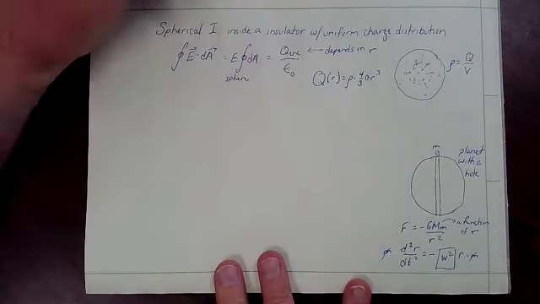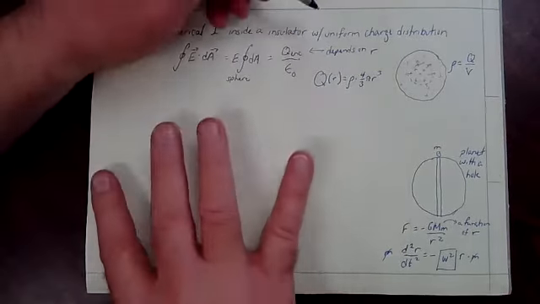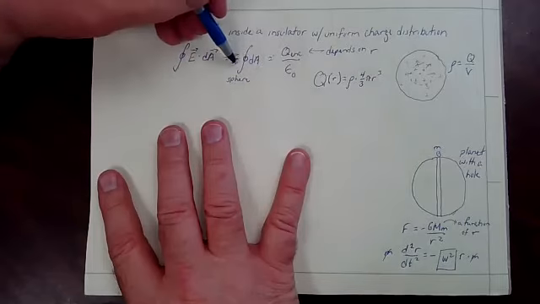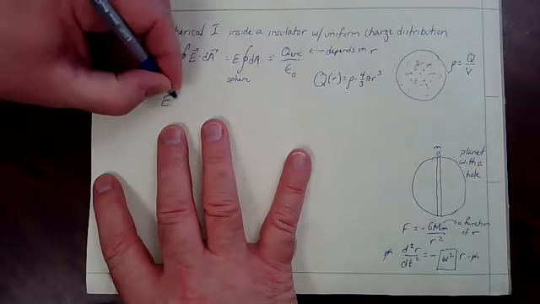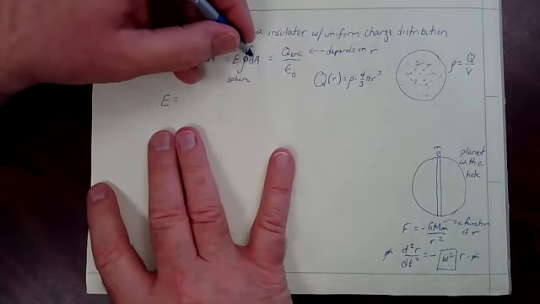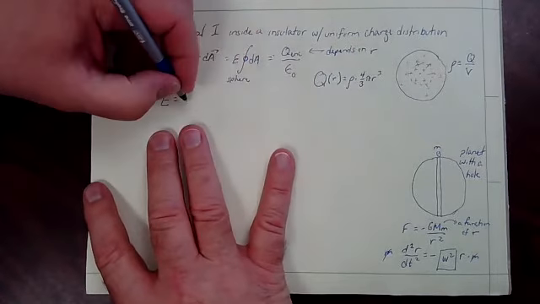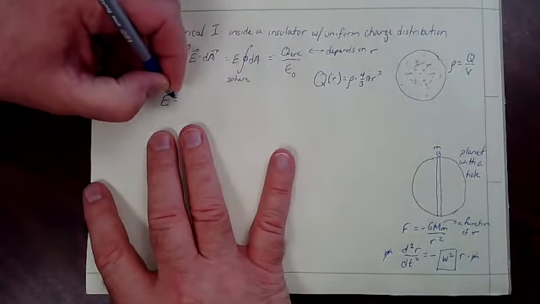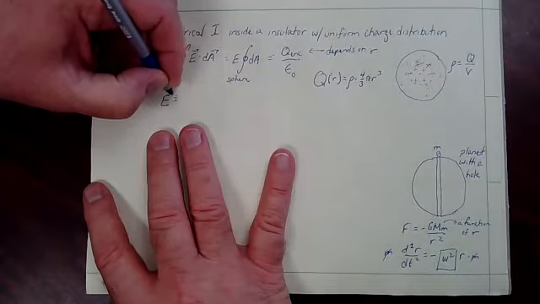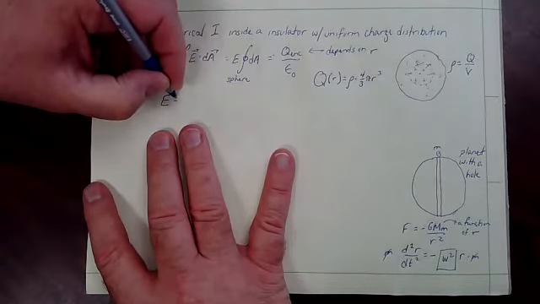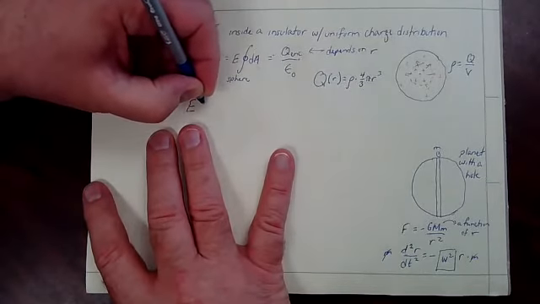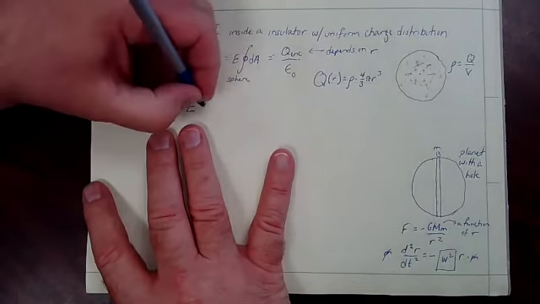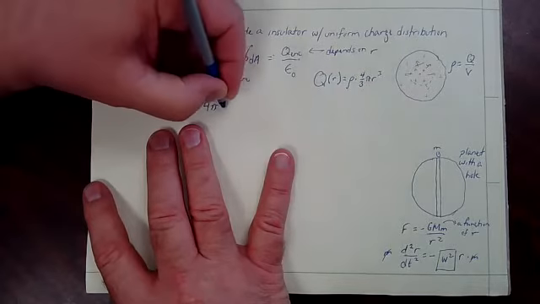All right, good. We're ready to roll here. Let's go ahead and substitute this in. We're talking about the surface area of a sphere. So E times the surface area of a sphere, which is 4 pi r squared.